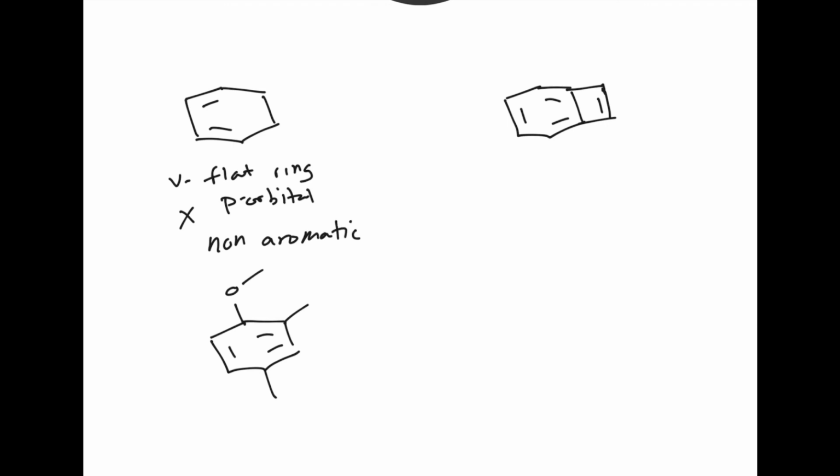You'll notice that when a compound's non-aromatic, I don't have to put how many electrons there are, right? Because when you count the electrons, you're asking how many electrons are in the unbroken p orbital chain that I have in my ring. Well, when you don't have p orbitals on everything, your p orbital chain is broken. So you don't have to count those electrons.